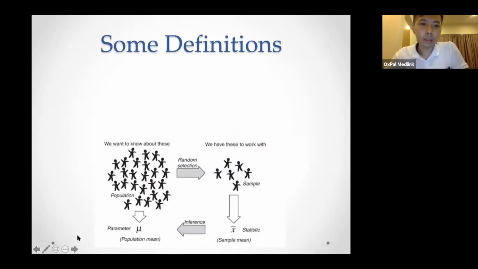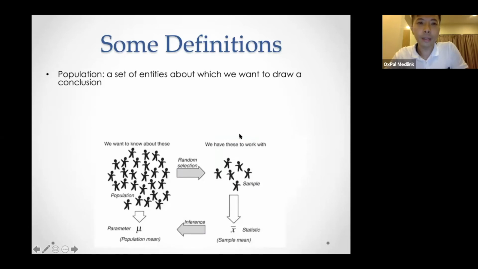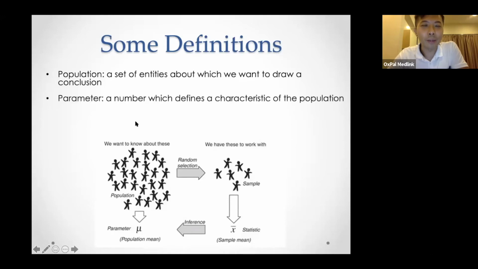So just to define some parameters, most of them are familiar to you. A population is a set of entities or individuals about which we want to draw a conclusion, but we never really know the true population parameters because we do not have the time and money to sample everyone. A parameter is a number which defines a characteristic of the population.